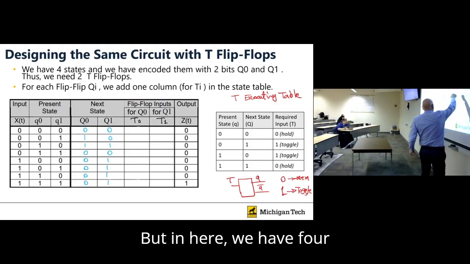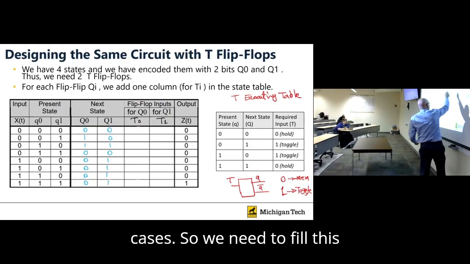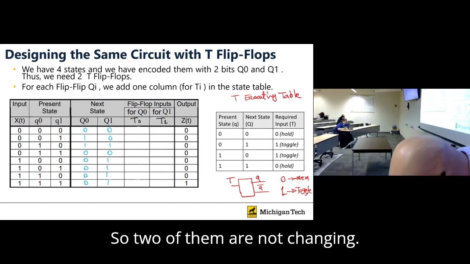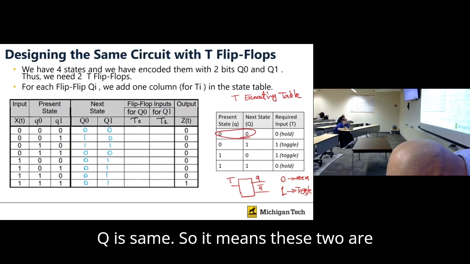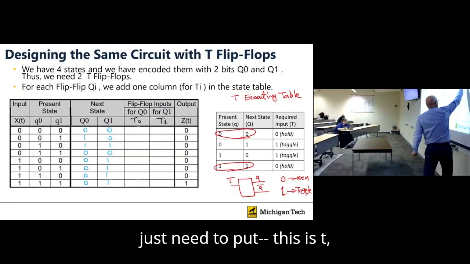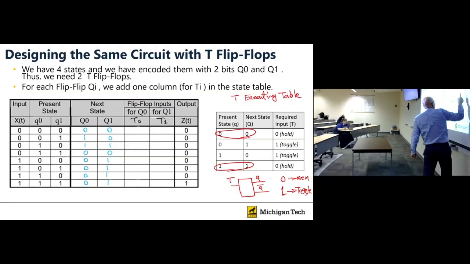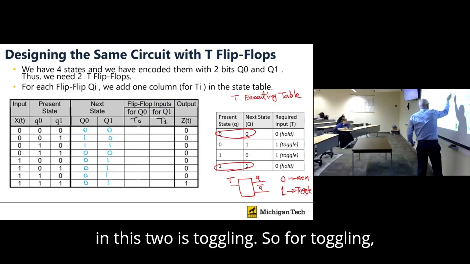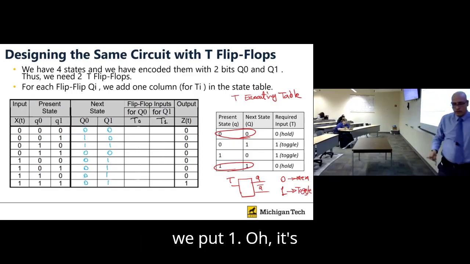But in here, we have 4 cases, so we need to fill this part. 2 of them are not changing, Q is the same, so these 2 are memory. For memory, we just need to put T as 0. And these 2 are toggling, so for toggling, we put 1.